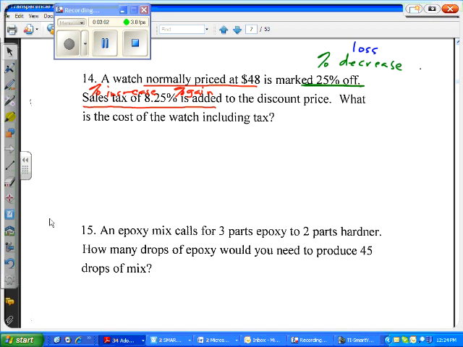What is the cost including tax? Now, this is really like two word sentences going on. You understand? We've got a loss, and so we have the concept of new is equal to old minus loss. And then we have tax, which is the concept of new is equal to old plus gain.